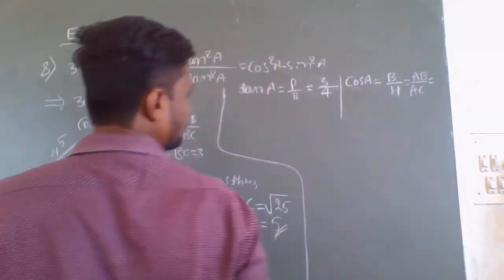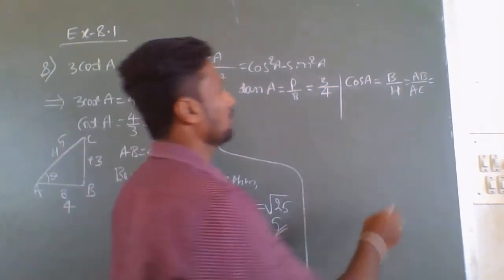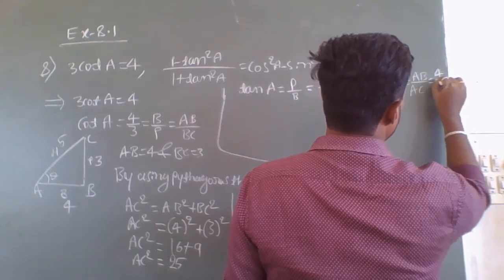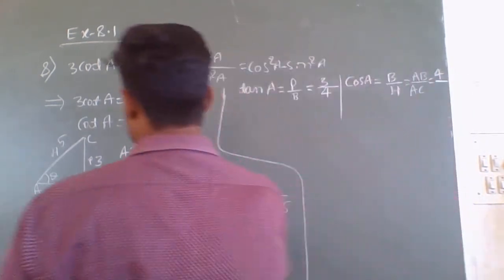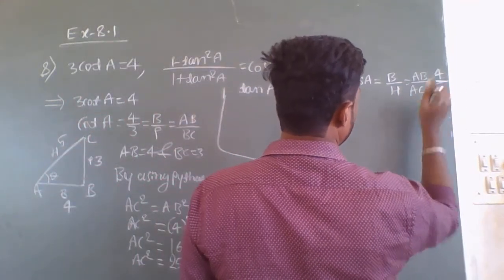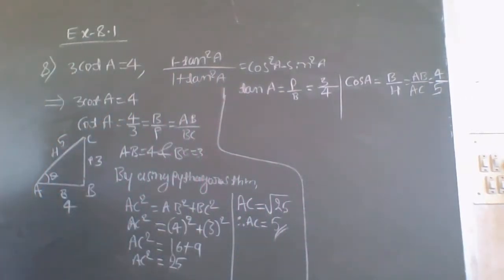So what is AB value? 4, base value, divided by AC, means hypotenuse. Hypotenuse value is 5. So cos A equals 4 by 5.